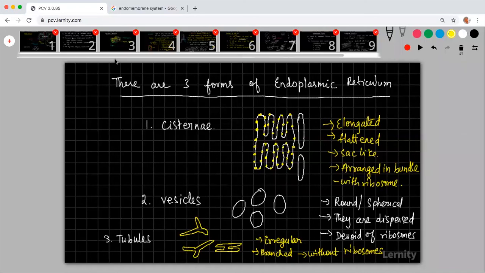That is cristae. Okay, Kavindra, that is cristae. This is cisternae. I'm talking about something different here. Cisternae is different, cristae is different. Devoid of ribosome means it is not having ribosome, without ribosome.